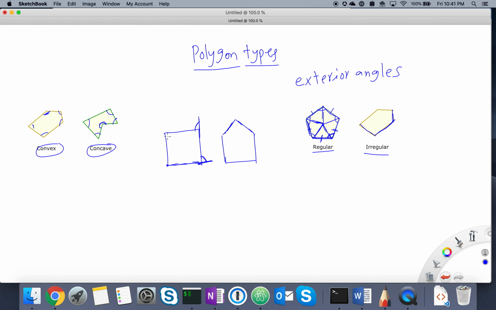This is another exterior angle. I will extend this side, and then another exterior angle, and let me extend this side, and the angle that is formed here is called an exterior angle. So we have 4 exterior angles.